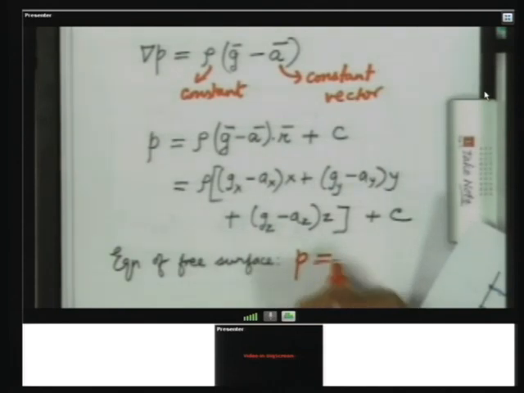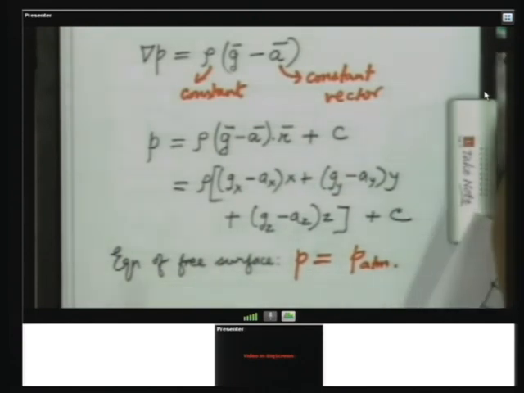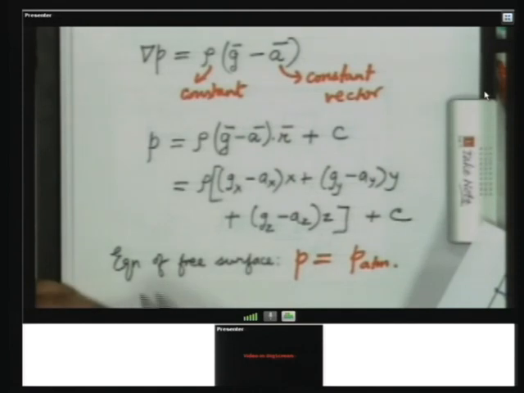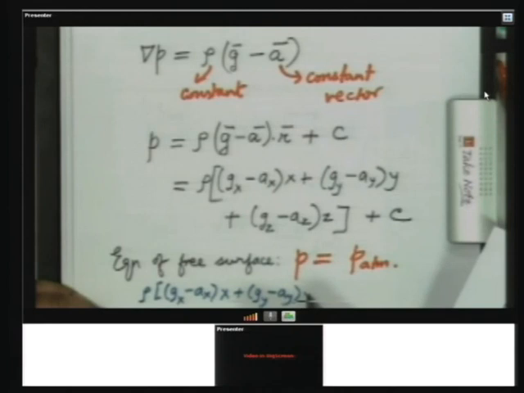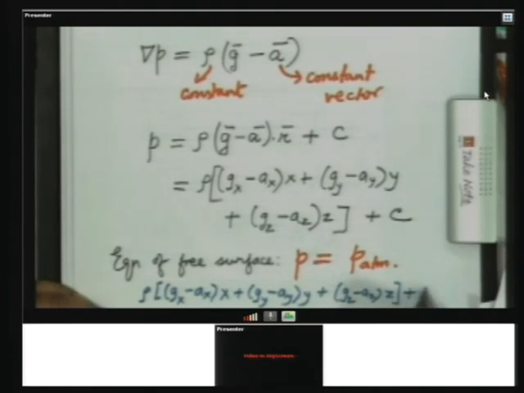The equation is P equal to P atmosphere. So, you are going to have rho times (Gx minus Ax) x plus (Gy minus Ay) y plus (Gz minus Az) z plus C equal to P atmosphere.